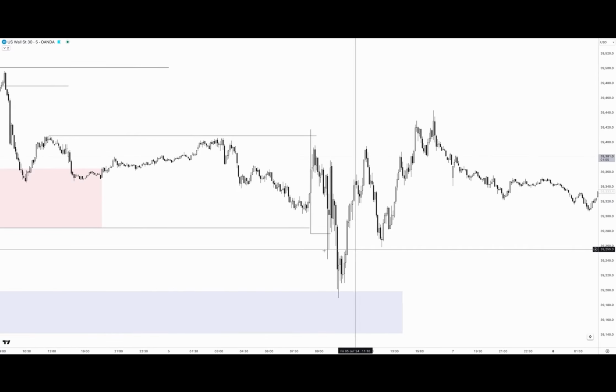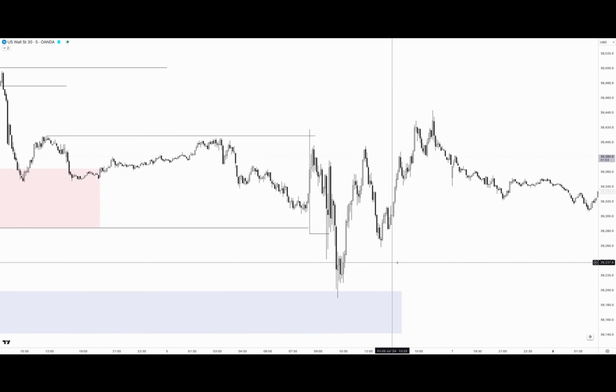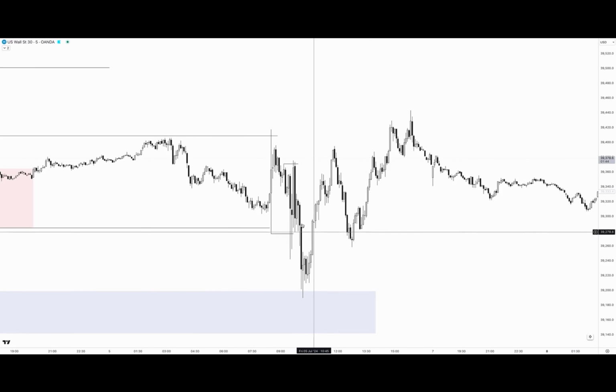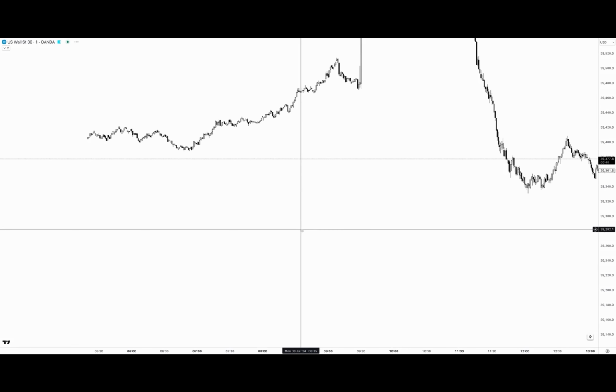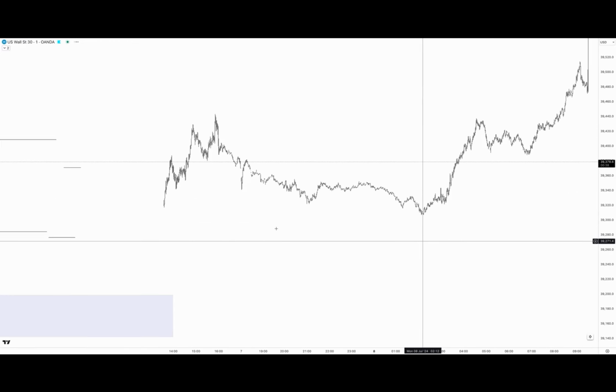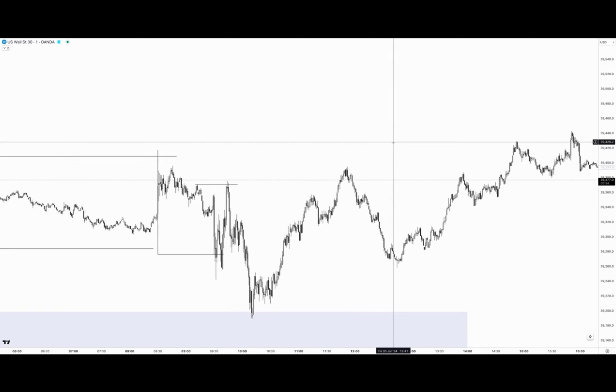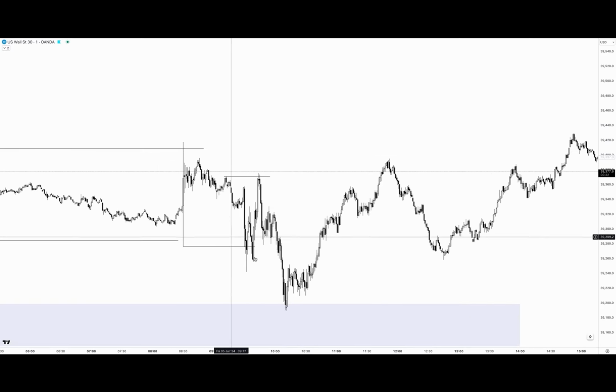All right. After taking out the low, the market moves to the upside again. Takes out this high right here, and then moves lower. Okay. So you can see on the 1 minute time frame. I don't really need to go on the 1 minute time frame, but just so you can see the individual candles. After the low went, BOS to the upside.